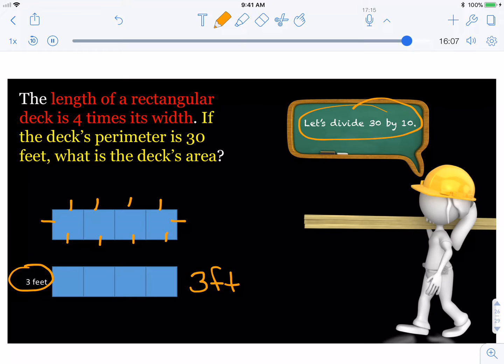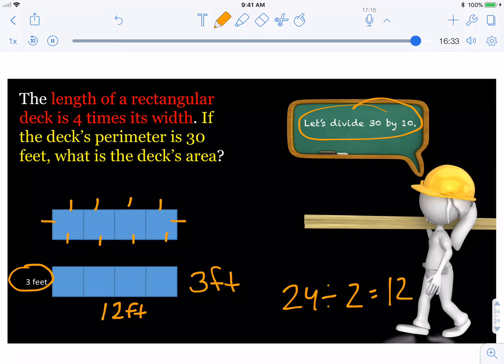Or I could say 30 minus 6 is 24. So what's 24 divided by 2? 12.